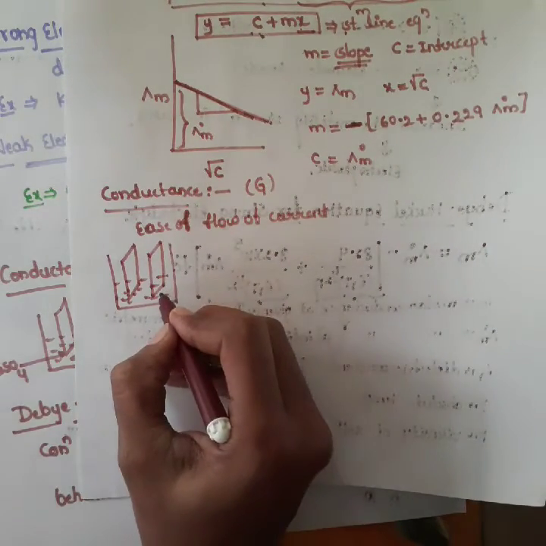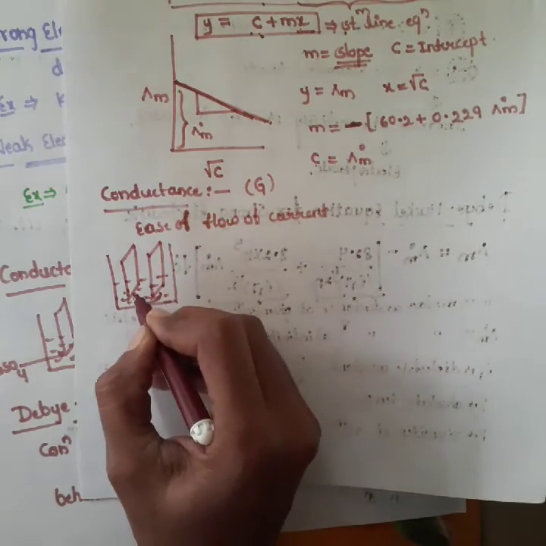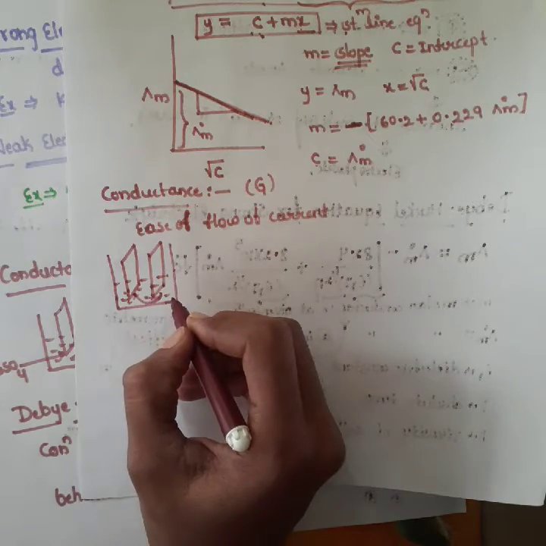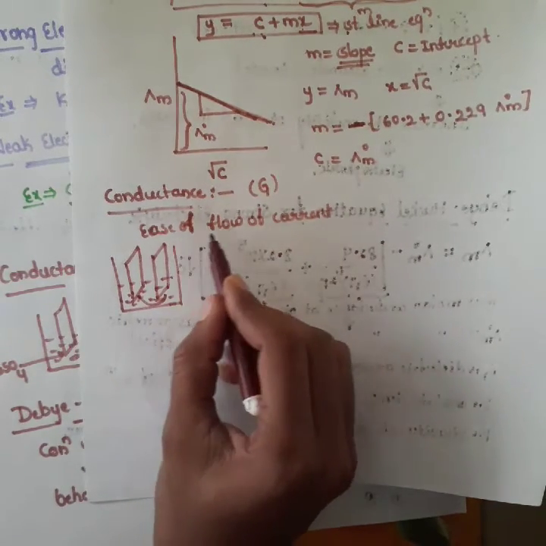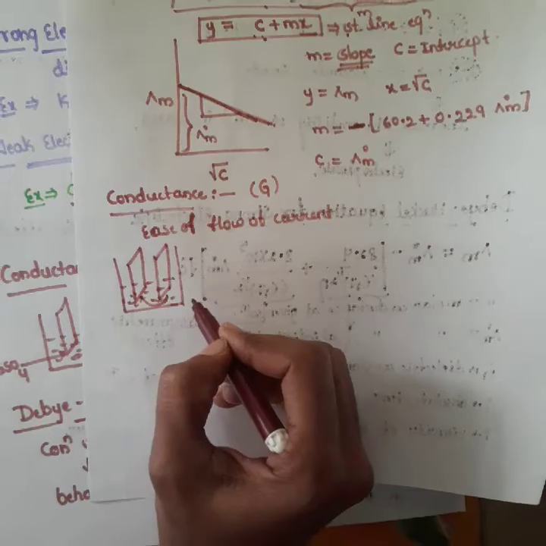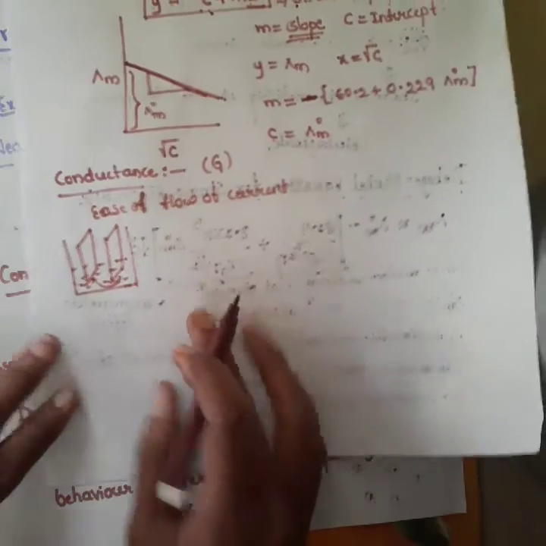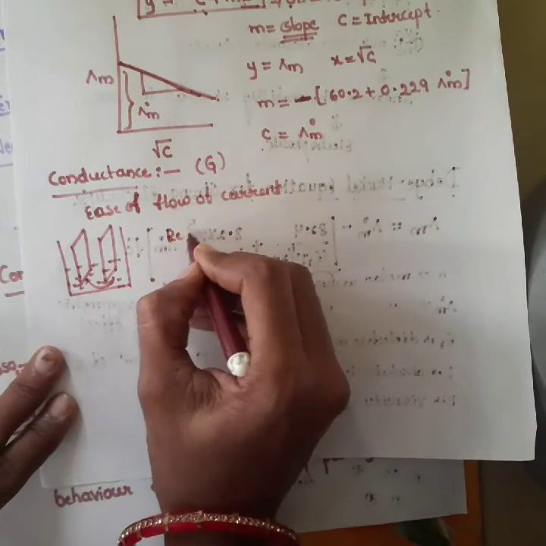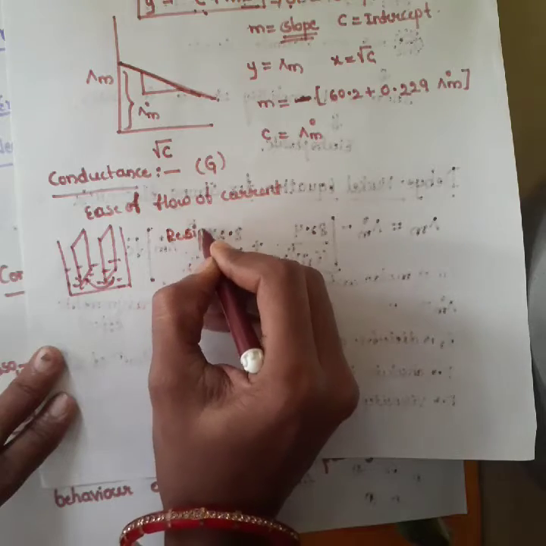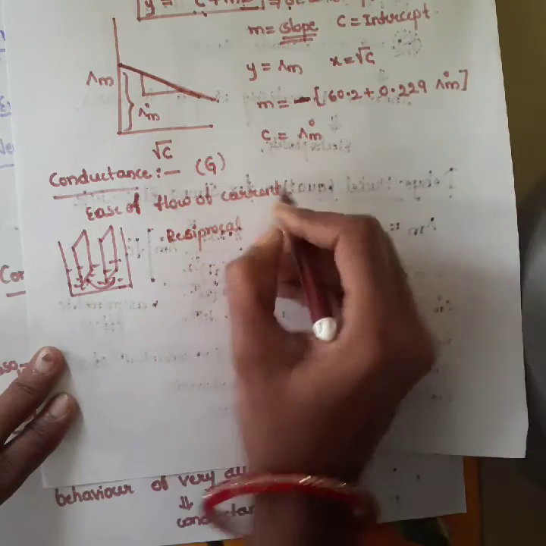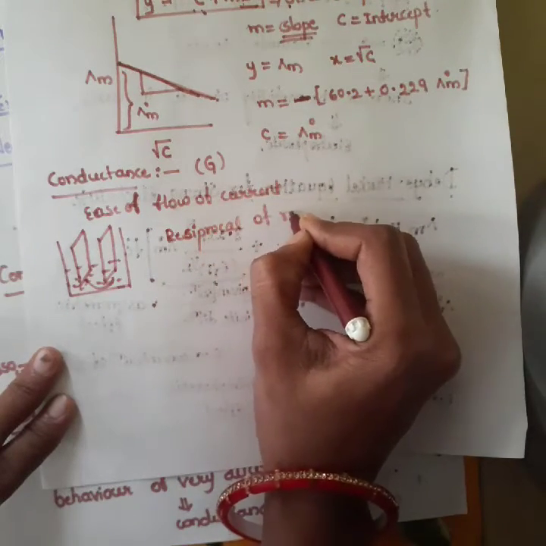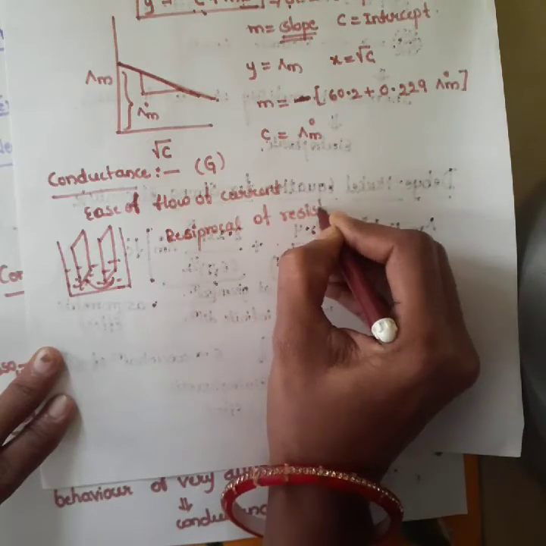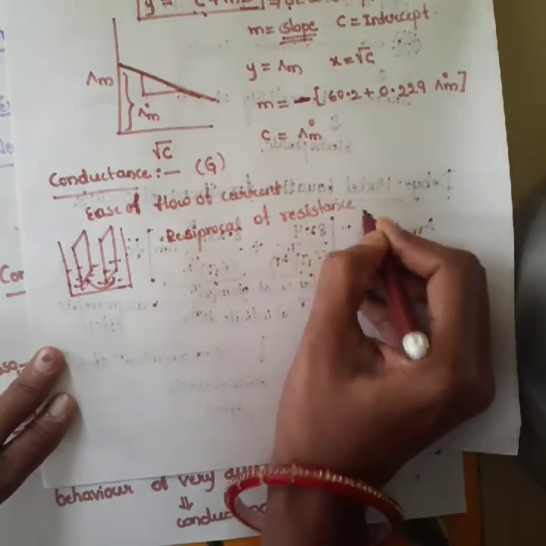How much electricity will pass from one electrode to another electrode is called conductance. Ease of flow of current is called conductance. It is the reciprocal of resistance.